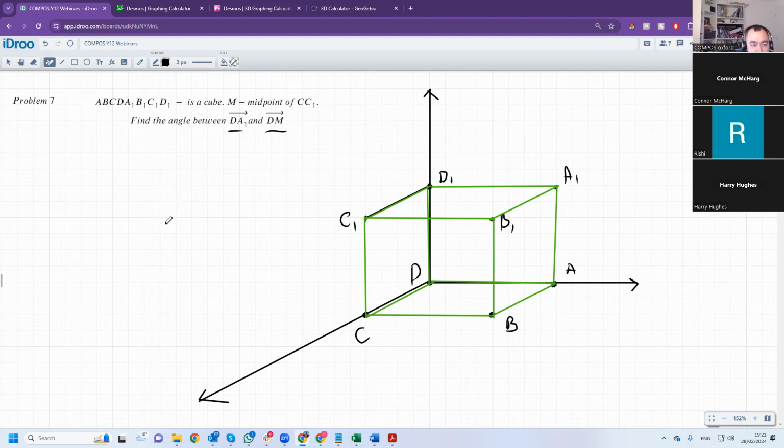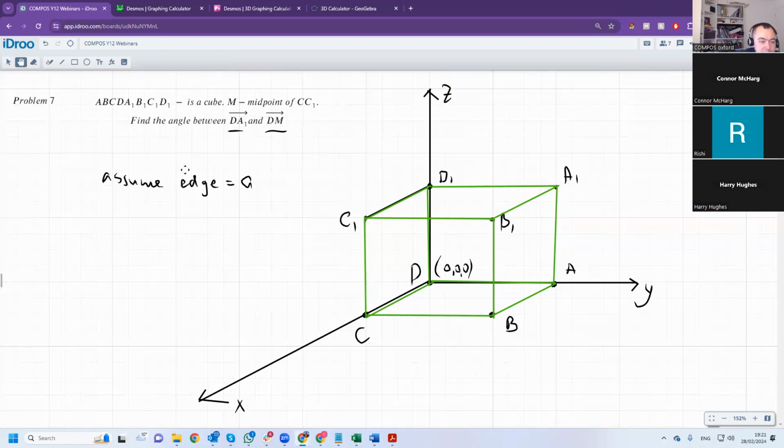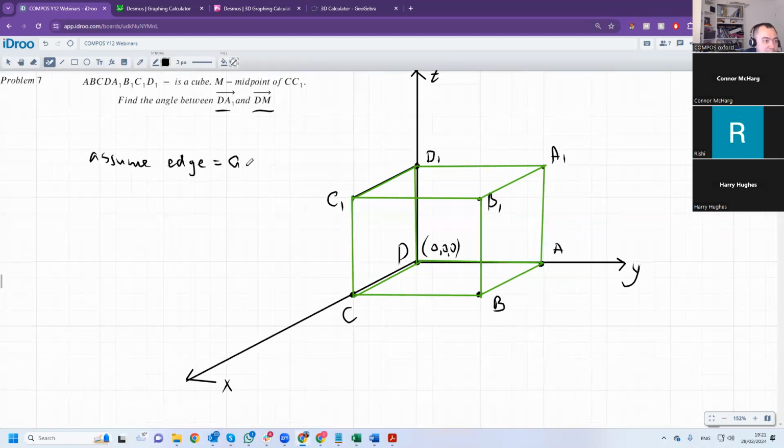Assume that the length of the edge is A. So we can find the coordinates. This is 0, 0, 0. This is X, this is Y, and this is Z, of course. So which points do we need?